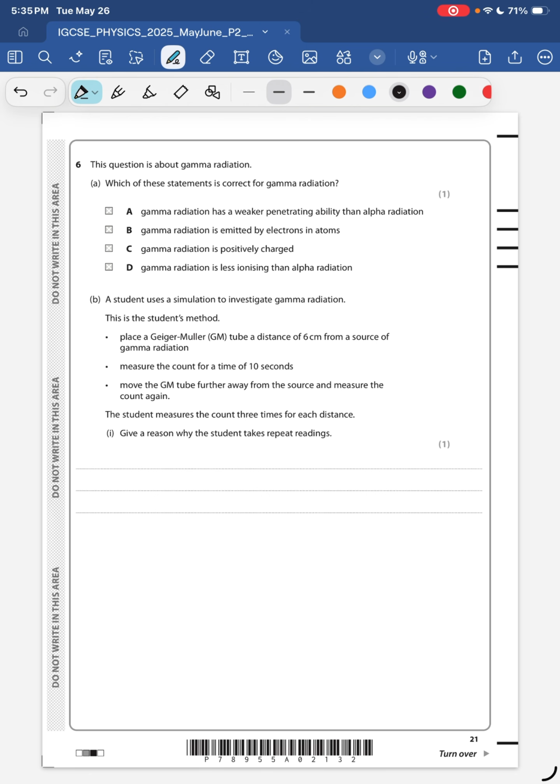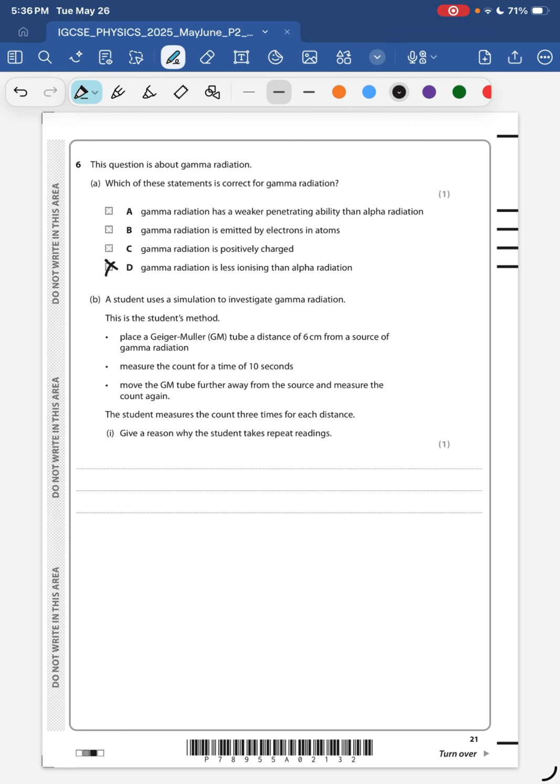Gamma rays are actually emitted by protons and neutrons inside the nucleus, okay? In case you don't know. Okay, option C. Gamma radiation is positively charged. It's electromagnetic, so it doesn't have charge. So D, gamma radiation is less ionizing than alpha radiation. That's actually correct. So let's choose it.